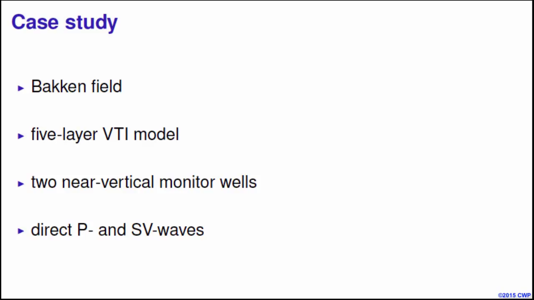Initially it has some processing from the company that acquired the data, and the section at Backend field is composed of five horizontal VTI layers. The microseismic events were recorded at two different well locations, but here we only use one for inversion. And as input for inversion, we only use the direct P and SV waves.